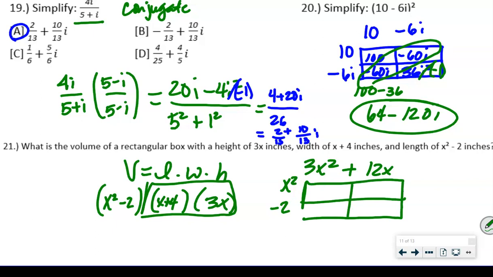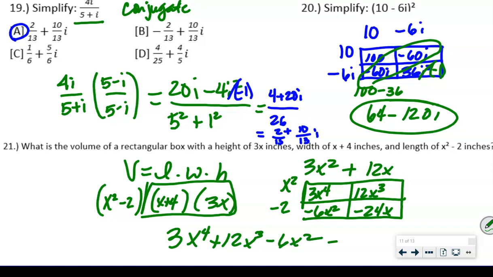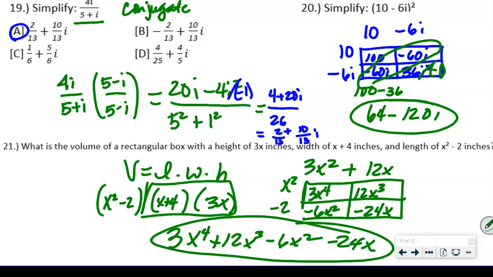So here I'm going to get 3x to the 4th. That's going to be 12x to the 3rd. Negative 2 times 3x squared is going to be negative 6x squared, and then this is going to be negative 24x. Do y'all notice we don't have any like terms here that we can combine? So our answer is going to be 3x to the 4th plus 12x to the 3rd minus 6x squared minus 24x. That's our answer.